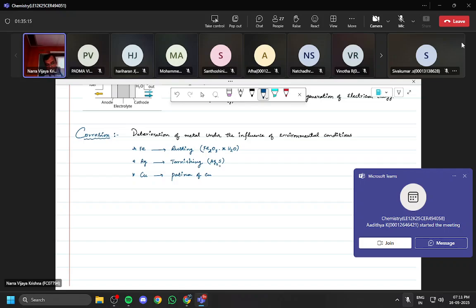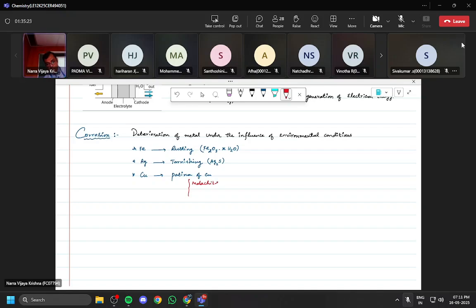That is due to formation of malachite or azurite. These two are ores of copper. Malachite is CuCO3.Cu(OH)2, or azurite is 2CuCO3.Cu(OH)2. These two are important ores of copper.